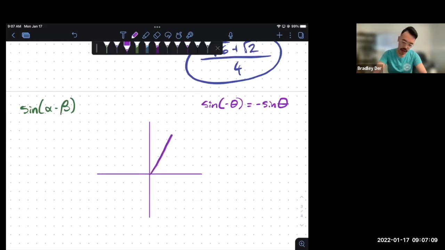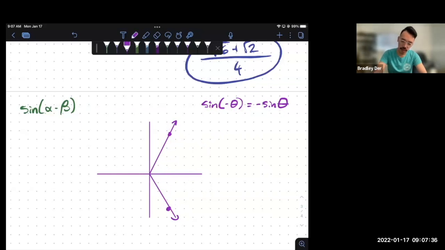If I had an angle here, with the sine value being the y coordinate, as soon as you draw the negative angle, your y coordinate is just going to be the same side length, but on the opposite side of the axis, or the negative of this y. So sine of negative theta equals negative sine theta.